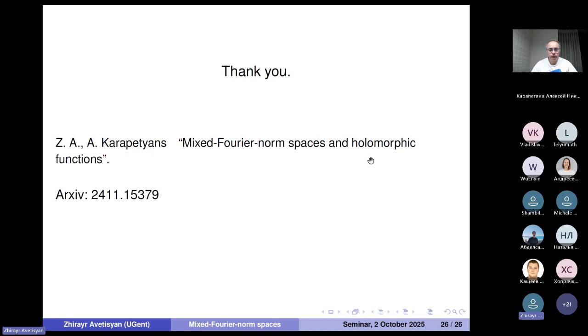The original mixed Fourier-norm spaces appeared in their work on the unit disk, but now we have a much wider choice of geometrical settings where we can try to apply these things. All right, thank you very much for your attention.